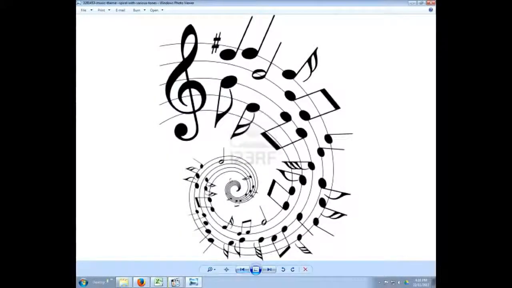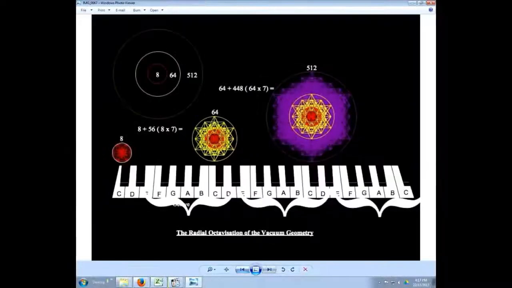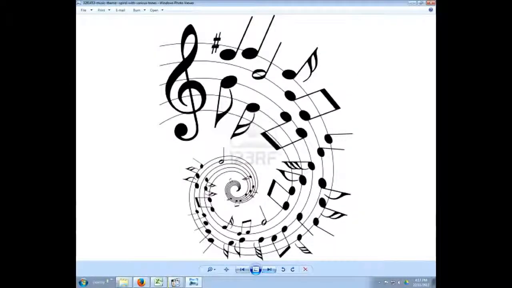We can see here more precisely a curve, like a Fibonacci sequence, a vortex movement, and then a straight line. We also can see that even the way music was written is a mix of round, straight line, and curvature.